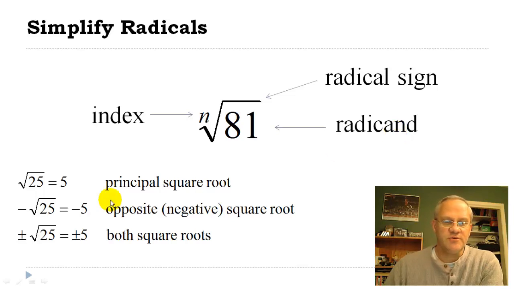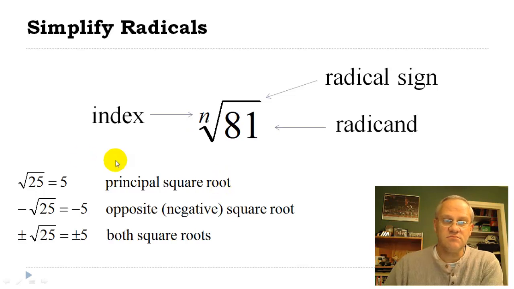And the other thing you should know a little bit about is this: if we're taking the square root, say of 25 in this case, and that equals 5, well, that's our principal square root.